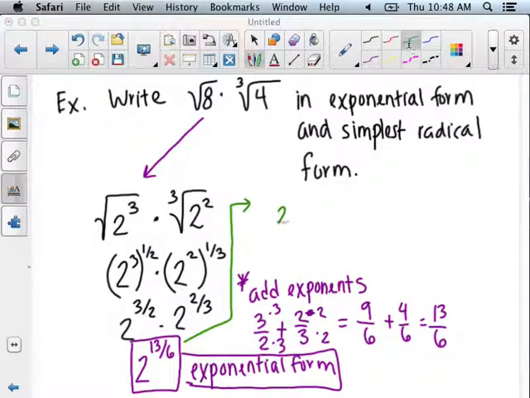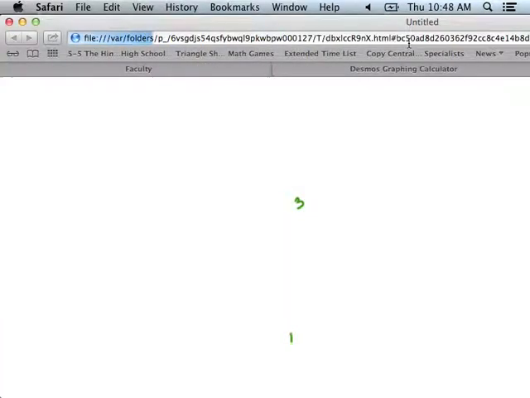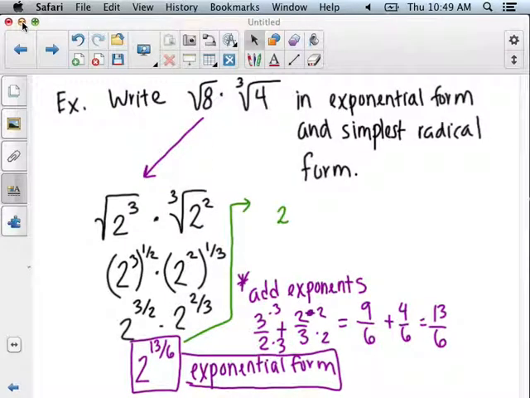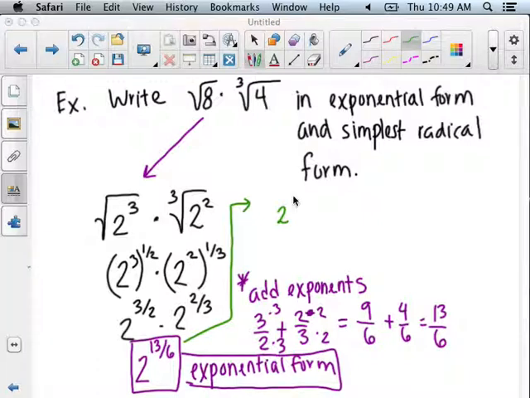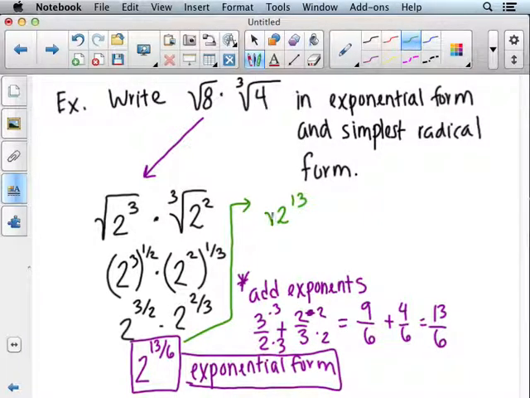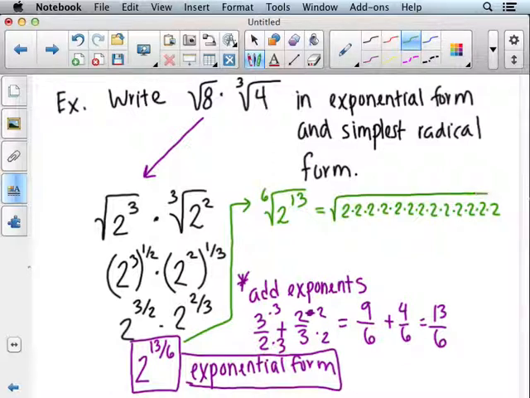This becomes 2 to the power of 13, and then the 6th root. So that means I have 13 twos. 1, 2, 3, 4, 5, 6, 7, 8, 9, 10, 11, 12, 13. Yeah, put them all there. And it's the 6th root.